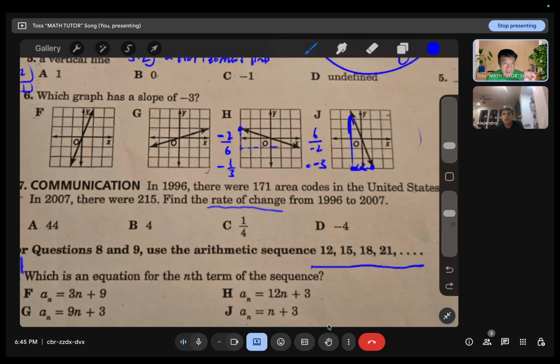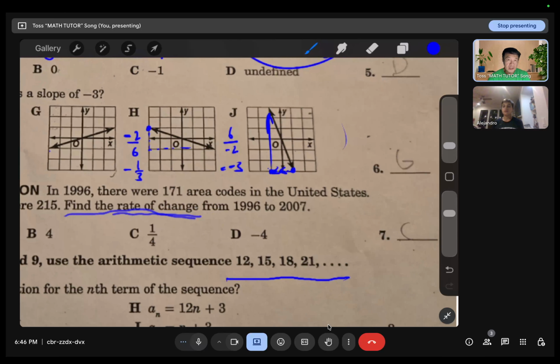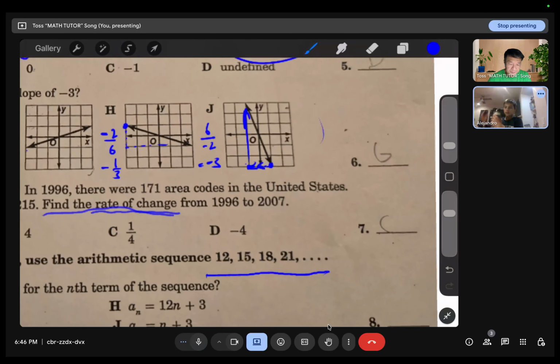Had they given you that hint, the last part right here, find the rate of change in area codes per year, that would be easier. Area codes per year. Therefore, it's implied that area codes are in the numerator, per, like division, right? Remember the word per. But that's it.